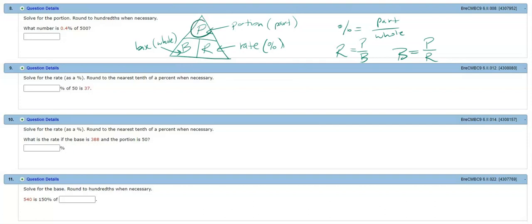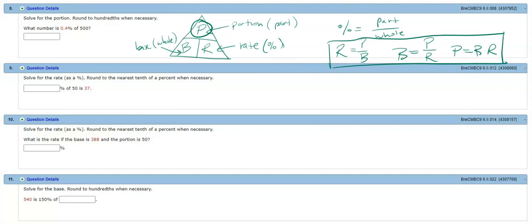We cover this one up and see what is left over: the B and the R, but in this case we don't have one over the other, they're right next to each other, which means B times R. So the base times the rate gives us the portion. And we have these three formulas all coming from that triangle. It's just an easy way to remember them.